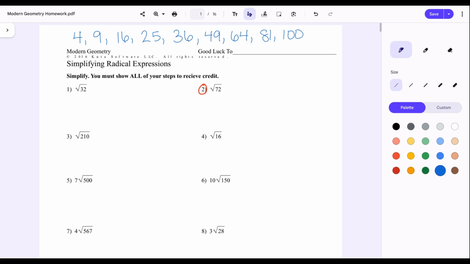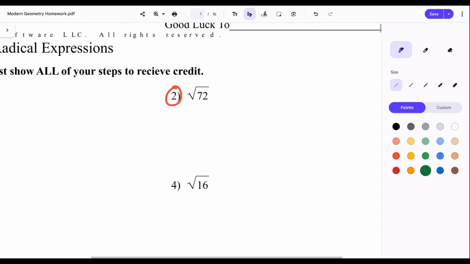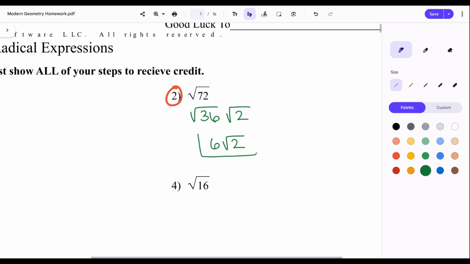Is there a number from this list that we could take 72 divided by? 36. Because 72 would be 36 times what? 2. So I'm going to rewrite this as the square root of 36 and the square root of 2. What is the square root of 36? 6. And what happens with the 2? It has to stay, right? Nothing happens to it. It just attaches to the 6. There's your answer.